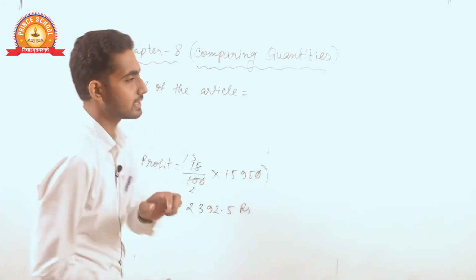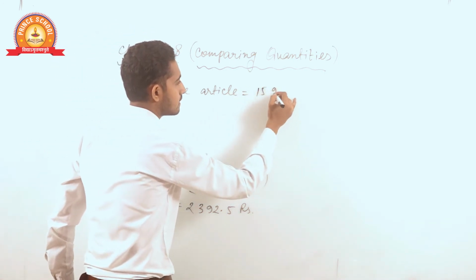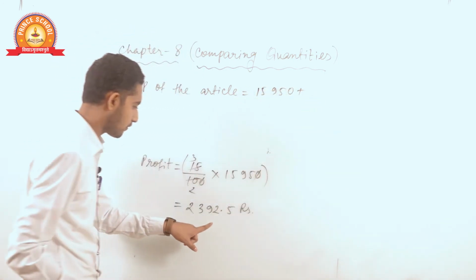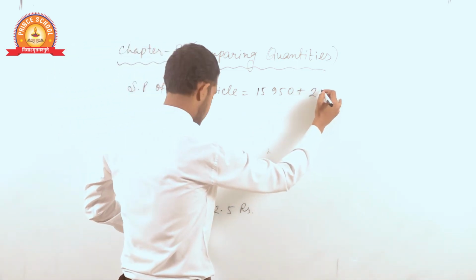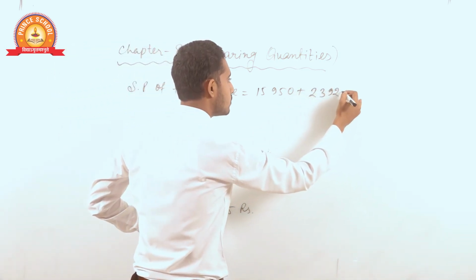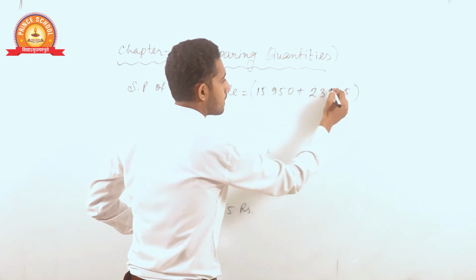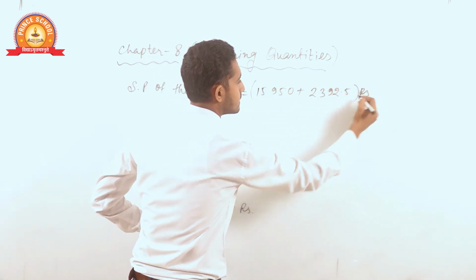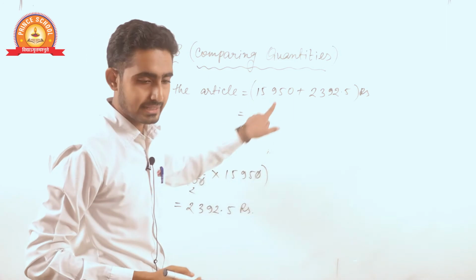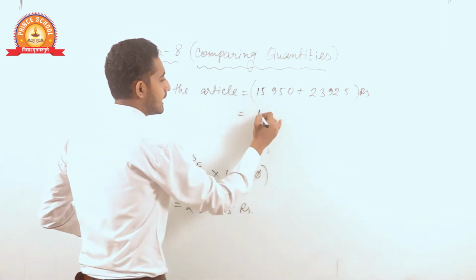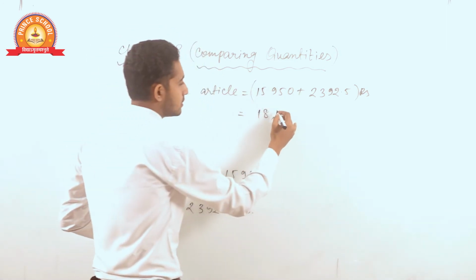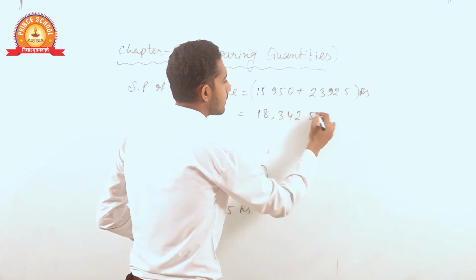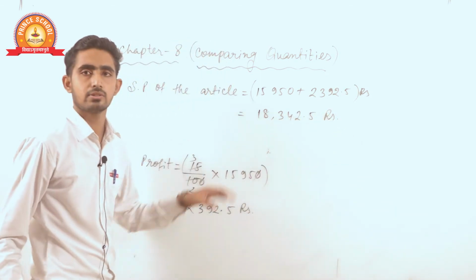Cost price is equal to 15,950 plus profit is equal to 2,392.5 rupees. So if you add them, then your answer will come 18,342.5 rupees.